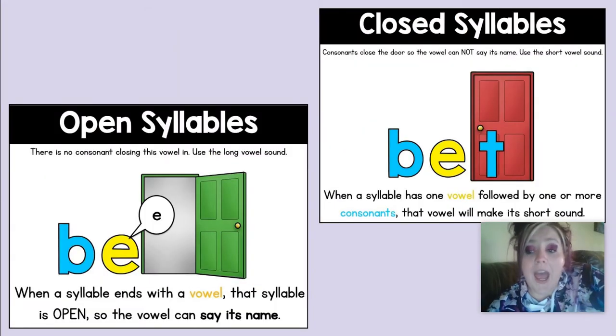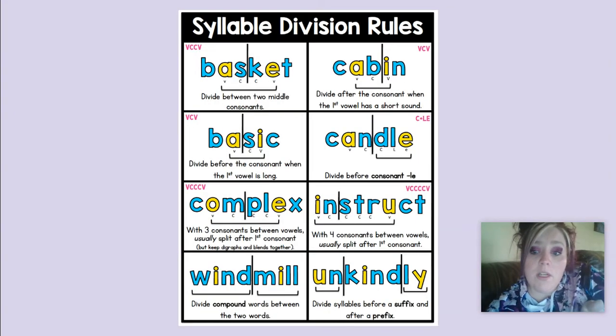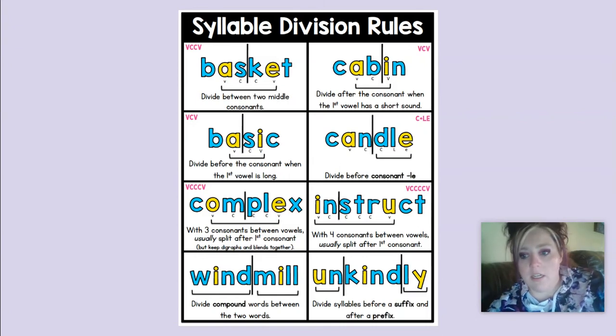So we have to know these if we want, and we do want to, be able to do this. Remember, this is how we can decode words super easily. And you want to be able to be an effective and an efficient reader and decoder, so you can move through figuring out unknown words very quickly.